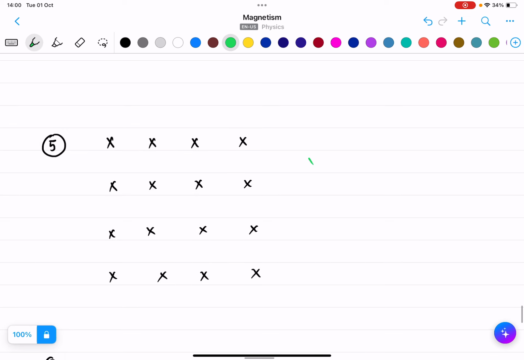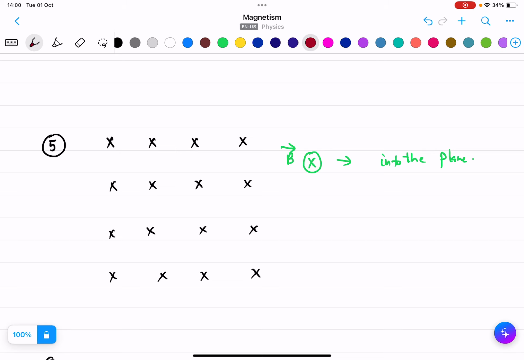Now it is a cross. Cross means the magnetic field is into the plane. So in this case, let's assume an example. Negative charge is going in this direction. When it is negative, that means we need to use the left hand. So please place your left hand into the plane.